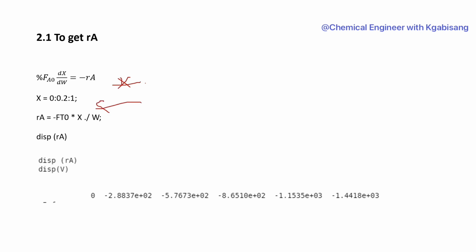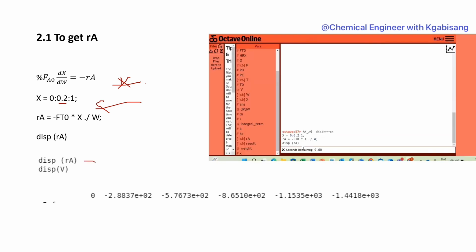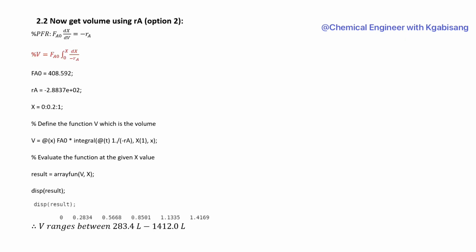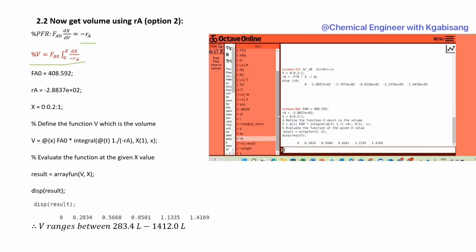We are going to tell Octave, between 0 and 1 with a spacing of 0.2, find the different reaction rates at different conversions. Display your answer. For RA, it will give you your answer. Secondly, now that we have our RA at different conversions, we can get our V. So we simply took RA at the conversion of 0.2.